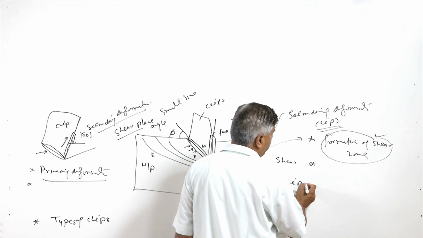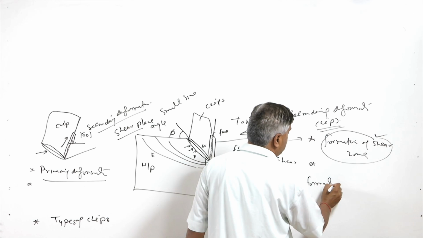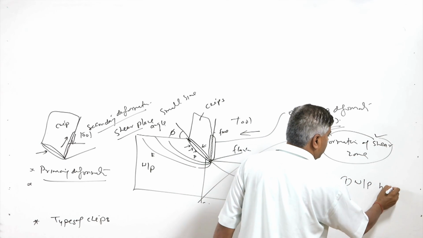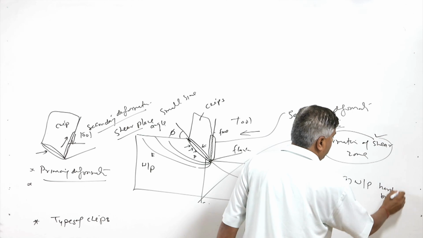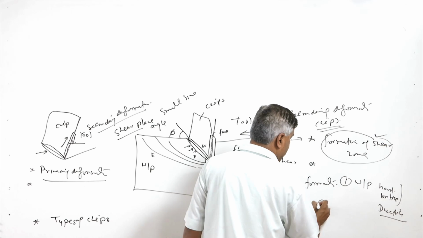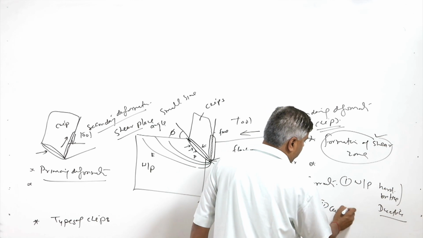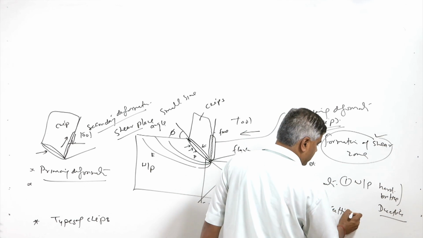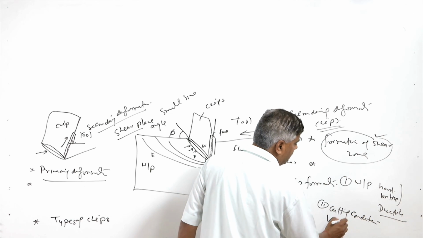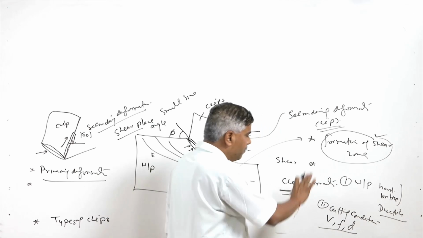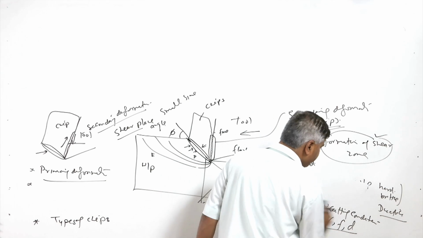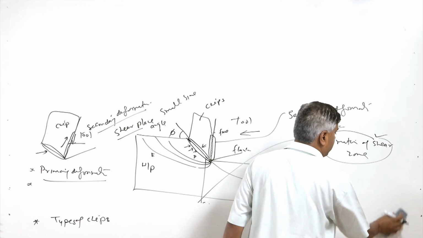Apart from that, the chip formation is also affected by the workpiece material, whether it is hard, brittle, or ductile. The second is that the cutting conditions also affect the chip formation, including the cutting speed, feed, and depth of cut. Both these factors affect the chip formation during metal cutting.